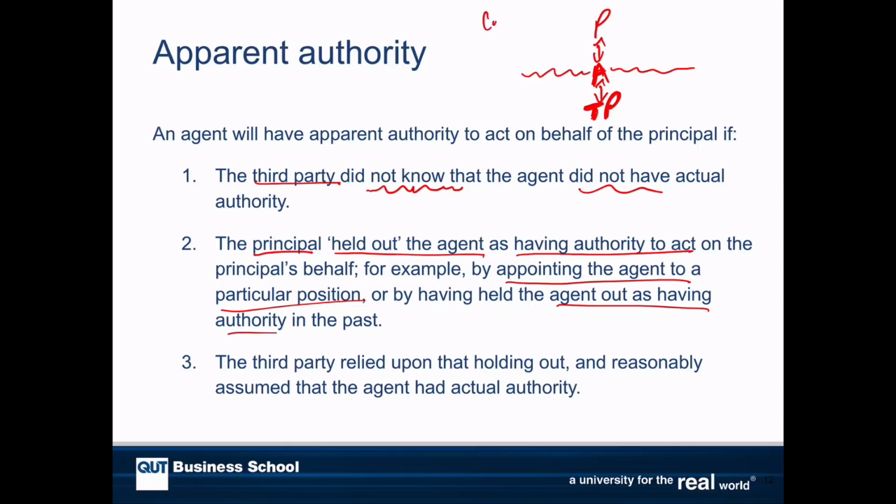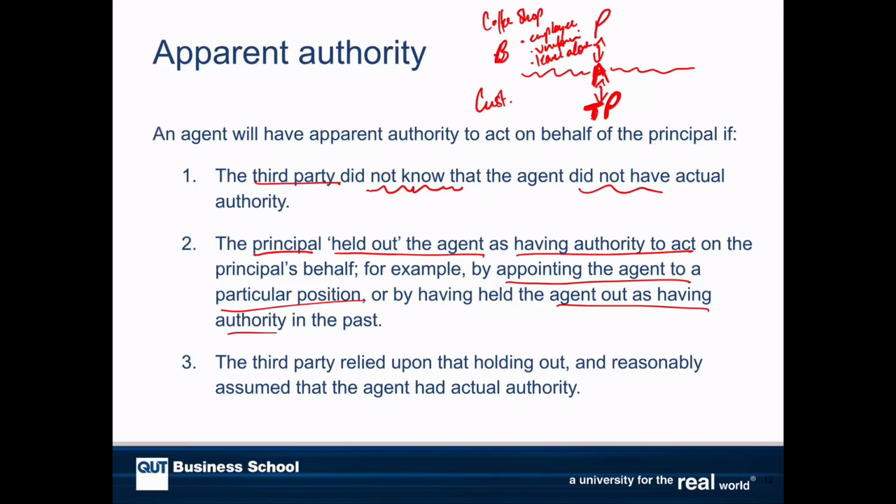Imagine we've got our coffee shop owner, you as the barista, and the customer. Now, what does the coffee shop owner do to hold the barista out? Well, they employ them. They give them a uniform. They do all these things. They might leave them alone to run the shop.